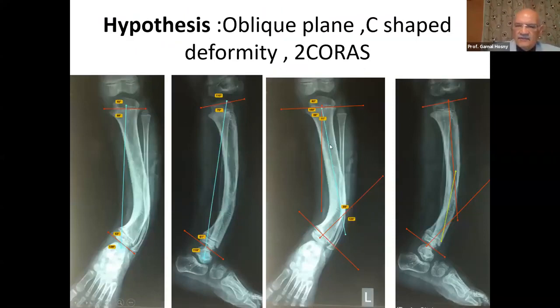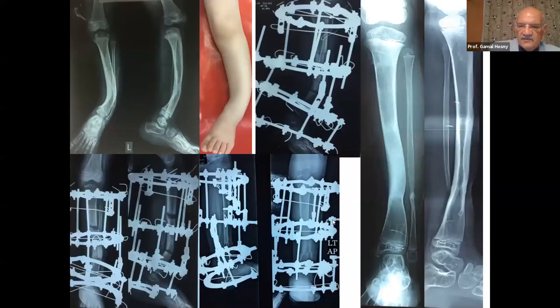So we have the proximal axis and distal axis, they are going to meet outside the bone. So we draw a third line. So we are going to have two CORAs, a proximal CORA and a distal CORA. So we did two osteotomies, and from the two osteotomies, we correct the deformity and we do lengthening.